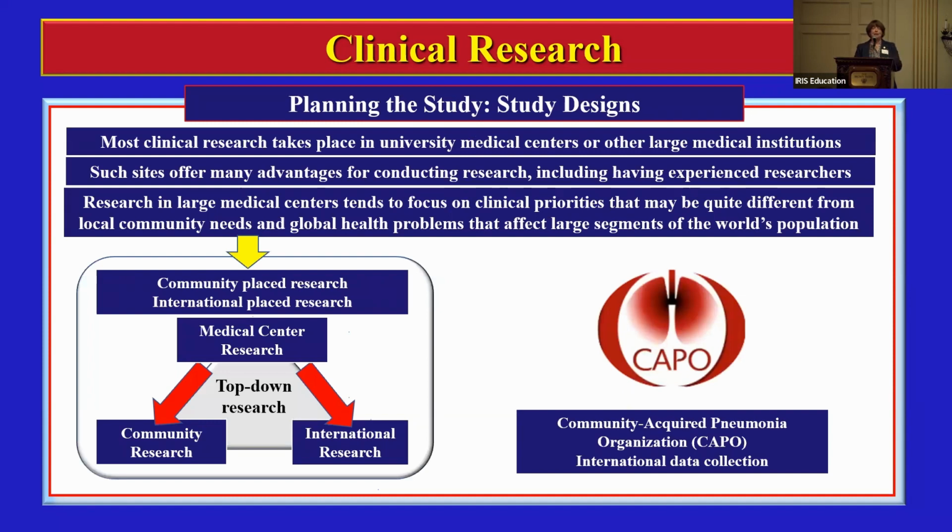So a couple of examples that illustrate this. We've had the luxury of working with a number of countries around the world, all interested in looking at outcomes that are associated with pneumonia. So there is a large international study that has a large number of countries that have entered data through a single data portal.